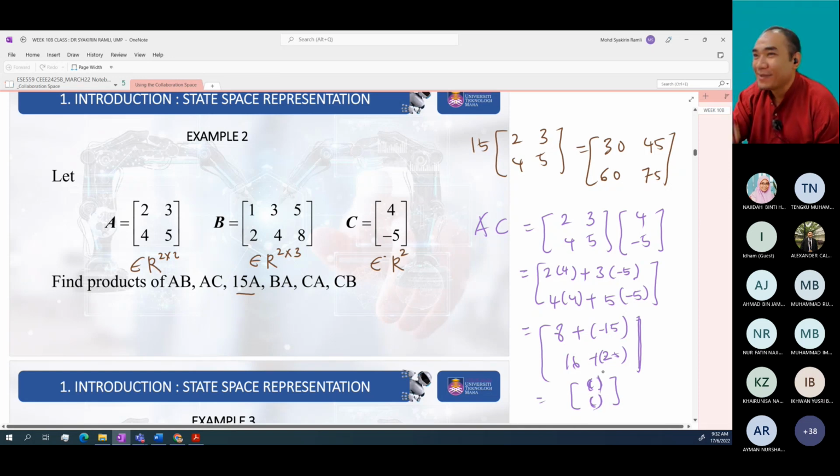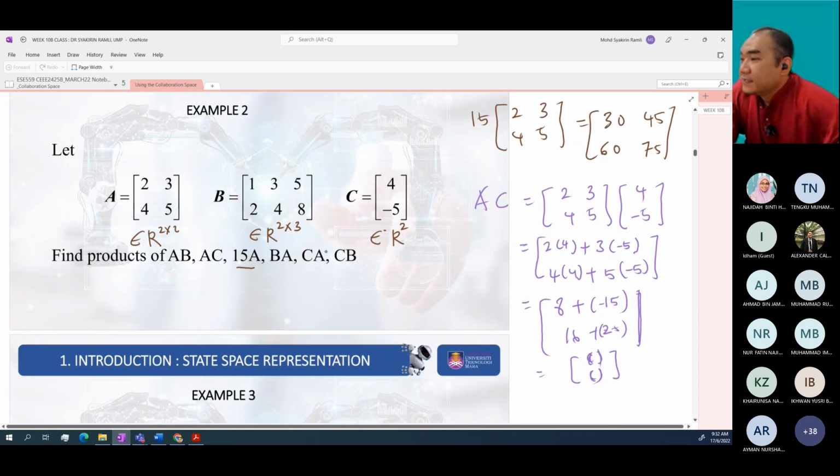Nanti dalam test kamu bagi jawapan bulat-bulat macam ni. And then you have to put the values inside this matrix operation. Okay, so that's how we do matrix multiplication. So the rest, I believe you can do that on your own.